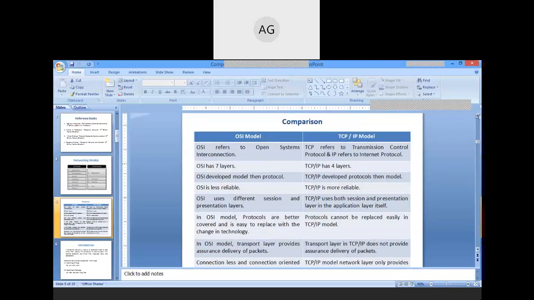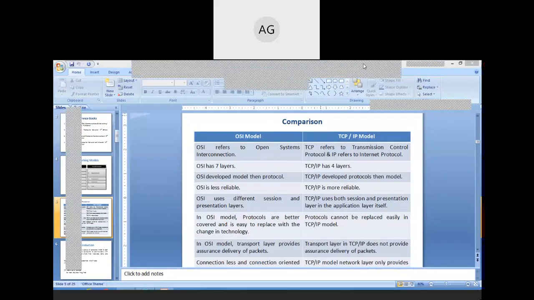Now it's very important to understand what is the difference between the OSI model and the TCP/IP model. There are certain points on which they are different.